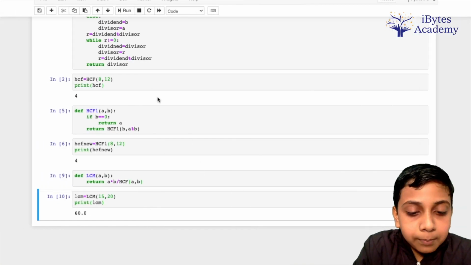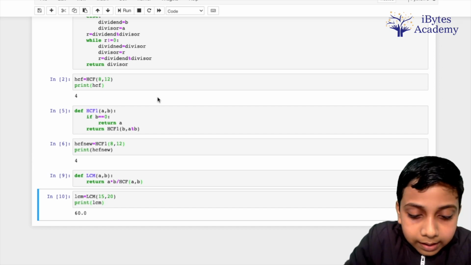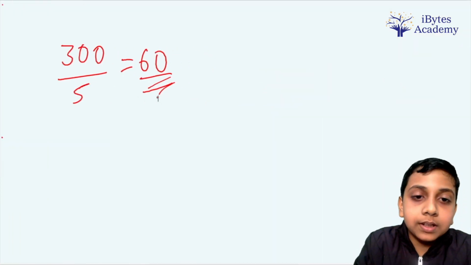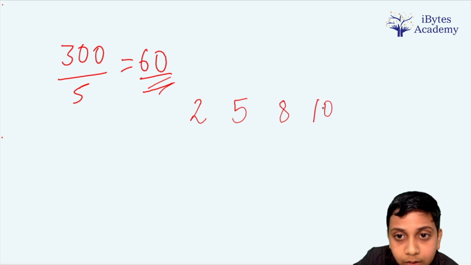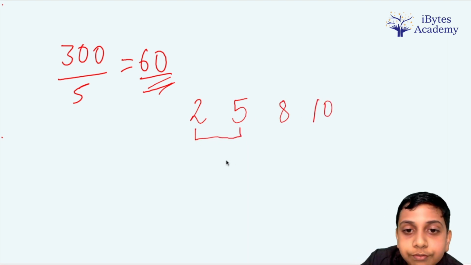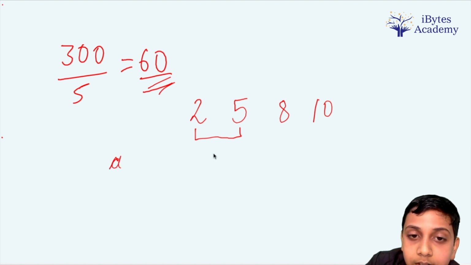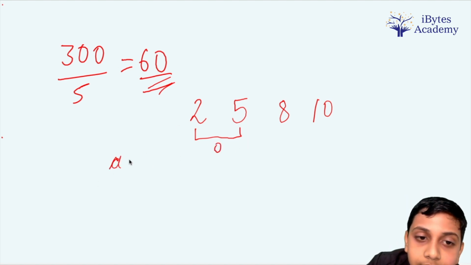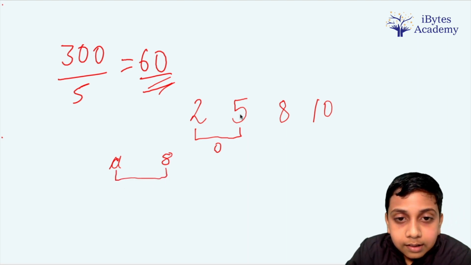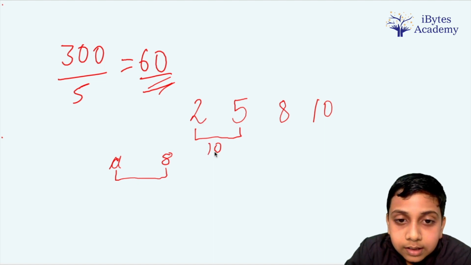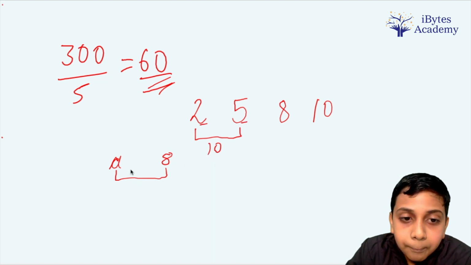Now let's extend the problem for finding the LCM of a list of numbers. So I have taken 4 numbers, 2, 5, 8 and 10. First we will take out the LCM of 2 and 5 and store it in a variable, and after that we will take out the LCM of that variable and the next number, that is 8 in our case. We will get LCM of 2 and 5 as 10.